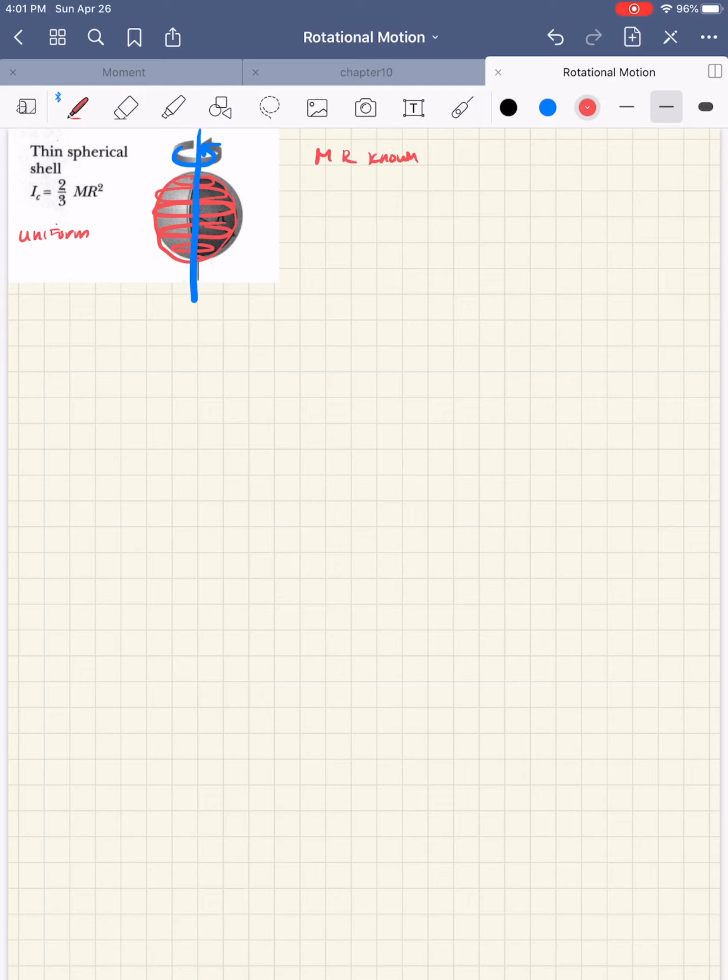But since I'm going to be stacking a bunch of rings, first I'm going to find the moment of inertia of a single ring. So here's a ring. It's a one-dimensional object, right? And I can think about it as just a bunch of tiny little point masses, dm. In a circle, if I was looking down at the circle, of course, they would all be at some distance of r, the radius of the ring, away from the axis of rotation, if the axis of rotation is through the center, which it's going to be here.